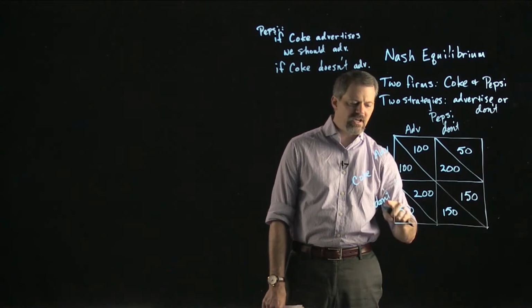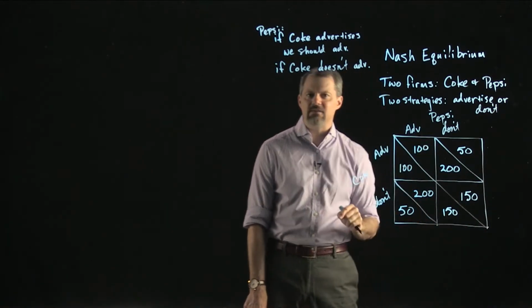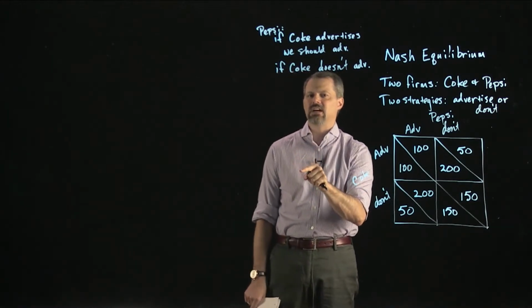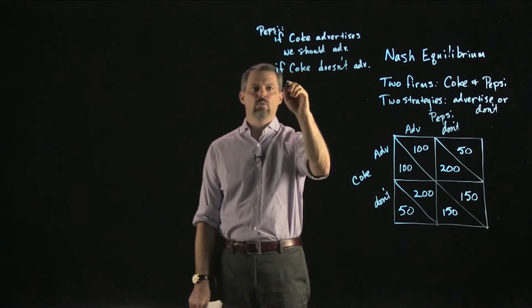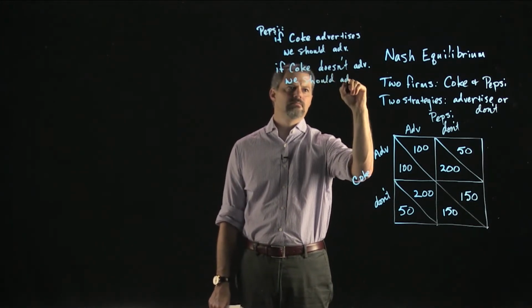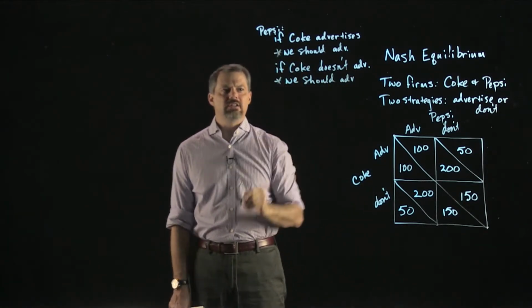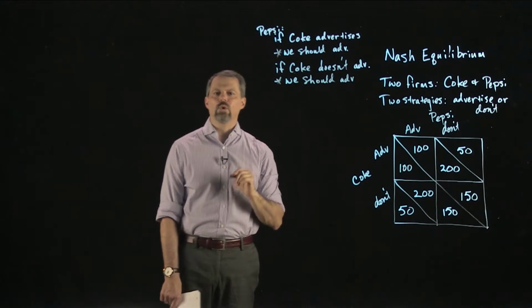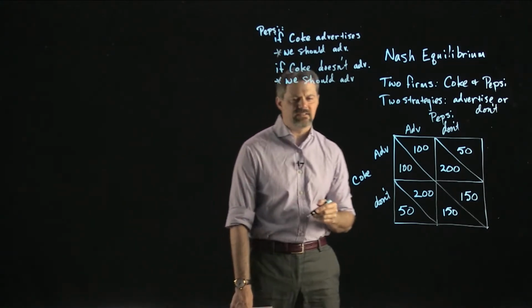And so if Coke doesn't advertise, we would rather have the 200, which means we should advertise. If Coke's not going to advertise, then we can steal some of their customers by going ahead and doing that. We should advertise. What we see here is that regardless of what Coke does, we should always advertise. Pepsi has a dominant strategy of advertising.